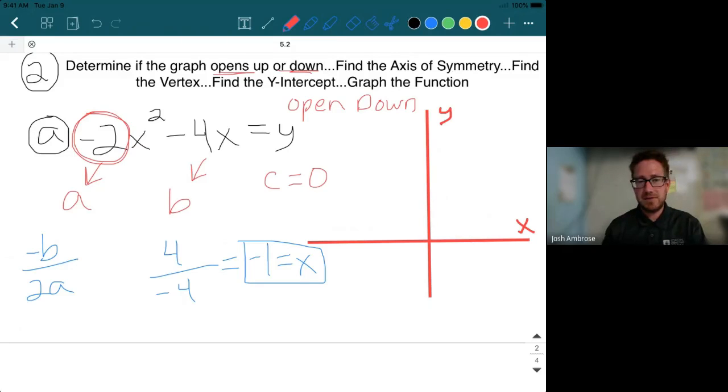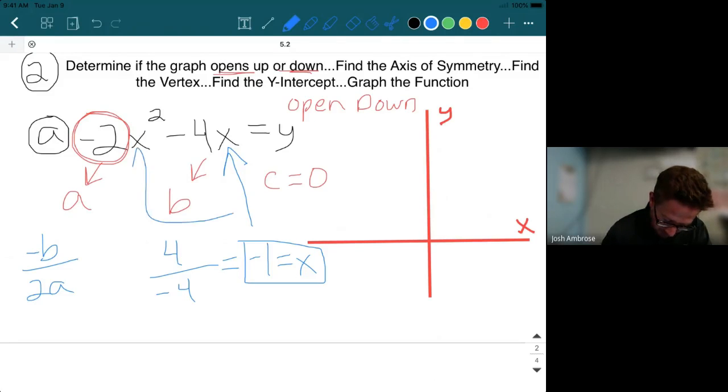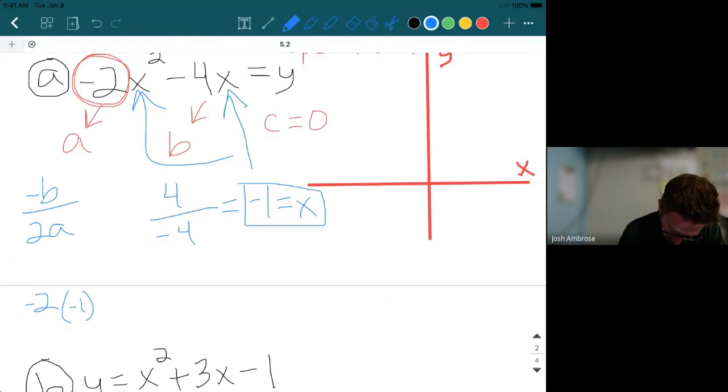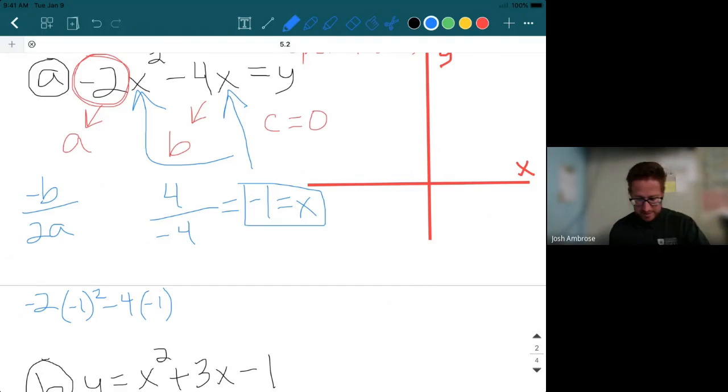Now we need to find the vertex. How do we do that? We do that by taking that negative 1 and plugging it back in to the x values of the original equation. We're going to need a little bit of space here to write this out. So we got a negative 2 parentheses negative 1 squared minus 4 parentheses negative 1. And let's calculate that out.